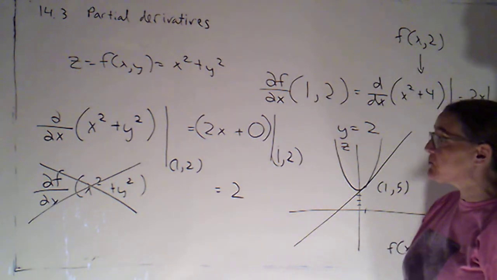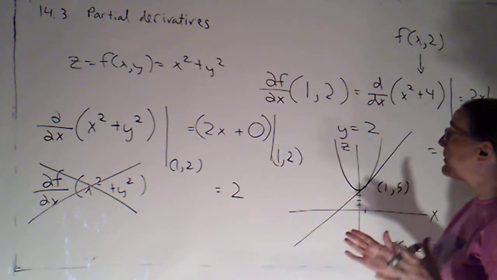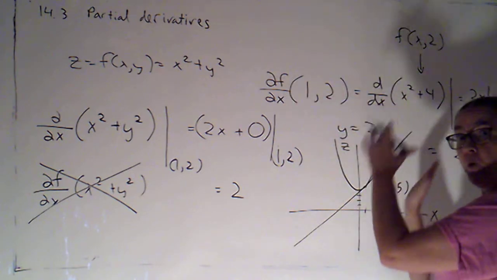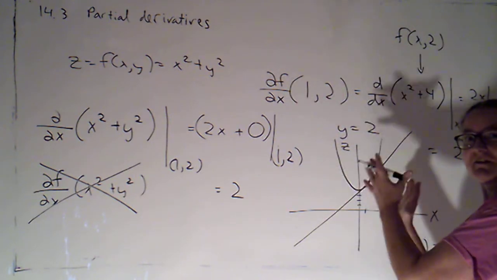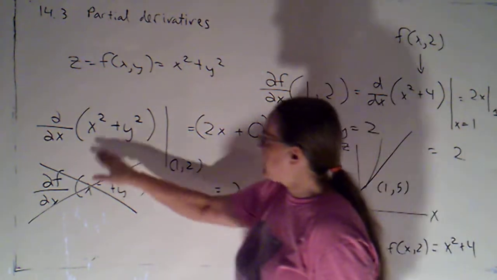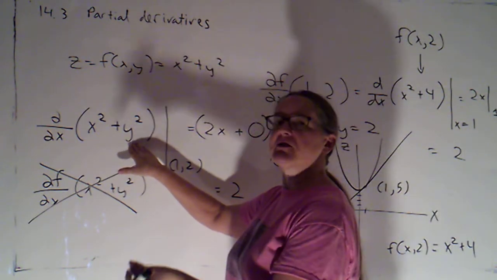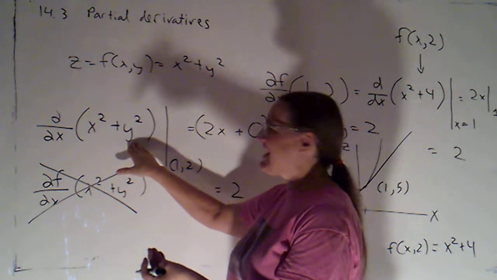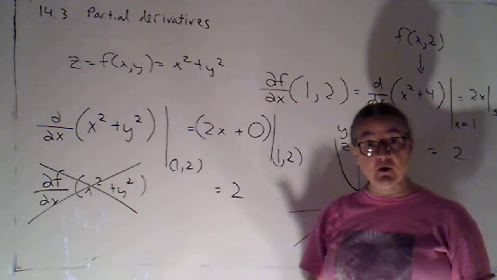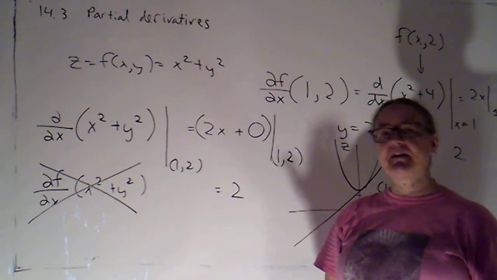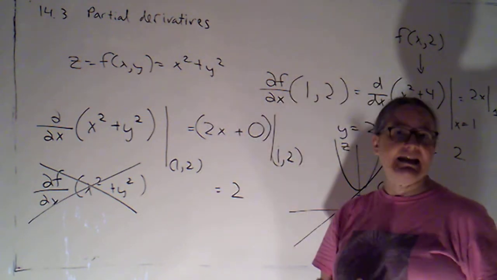Generally speaking, that's what we will do. Rather than plug in first for the variable that we're holding constant, we'll just say we're holding that constant. So I'm going to treat it like a constant, but without specifying ahead of time what it is. And that way we can get to a formula for the partial derivative, which we can then evaluate at any point.